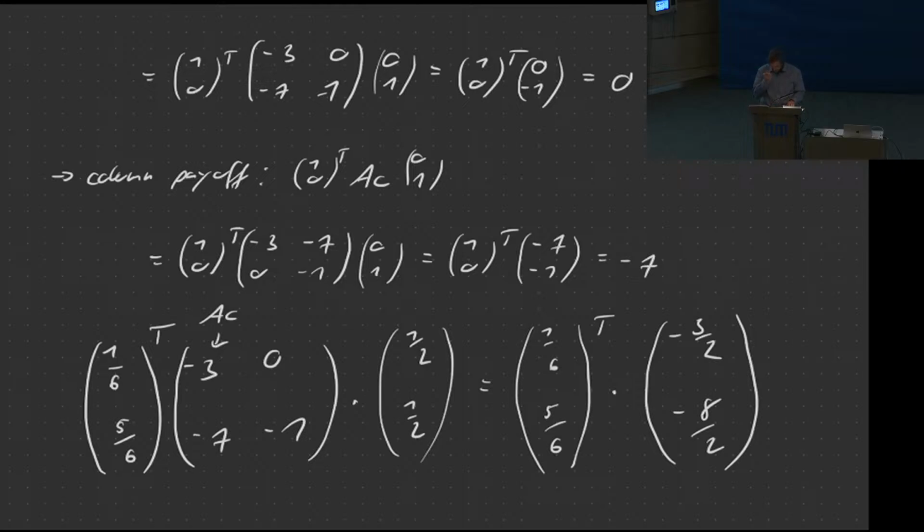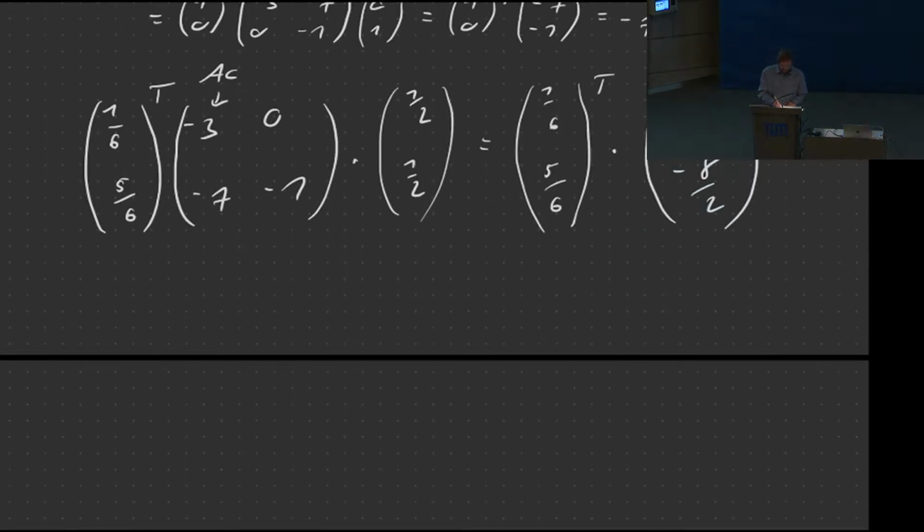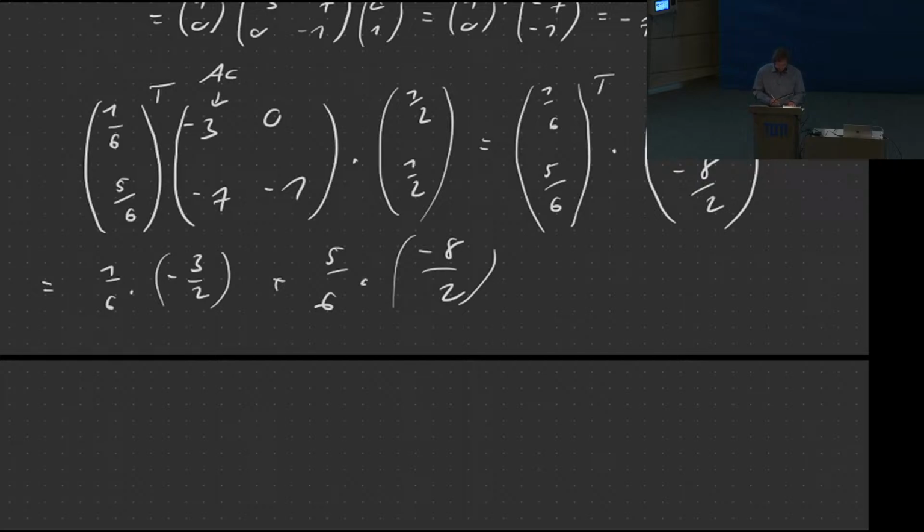Right? And now again, this is the expected payoff for the column player if row chooses the first row. And this is the expected payoff for the column player, because we started with AC here, right? If row chooses this pure strategy. Now row in fact decides to mix. So he has this mixed strategy. So the outcome in the end is going to be 1/6 times minus 3/2 plus 5/6 times minus 8/2.